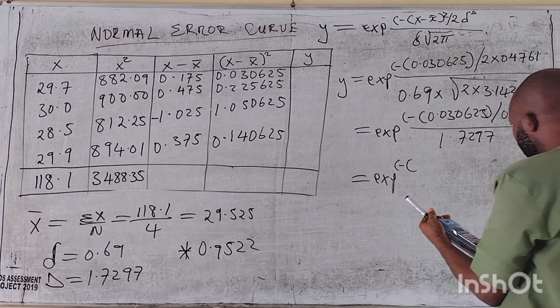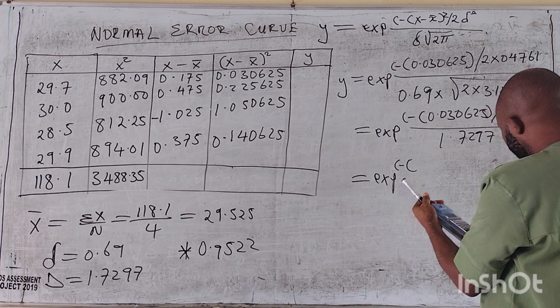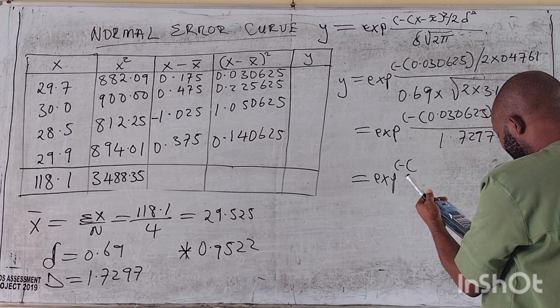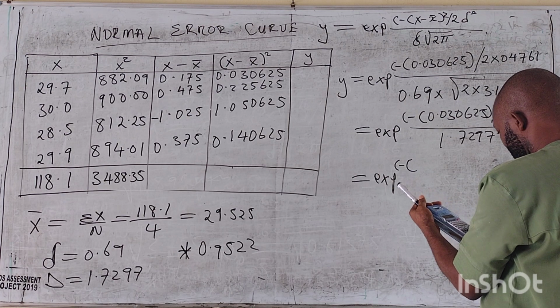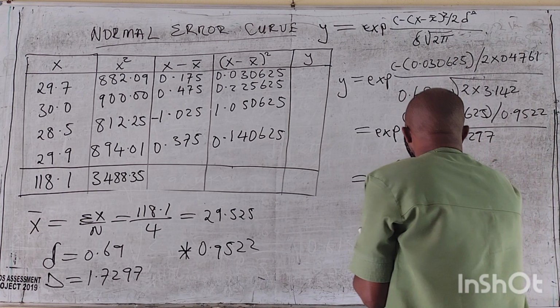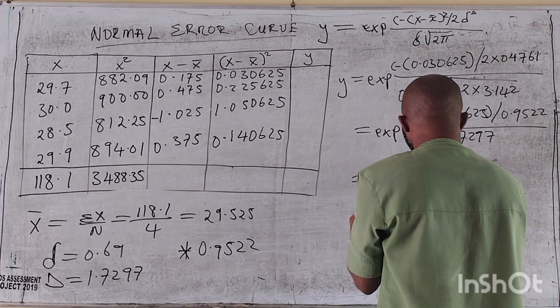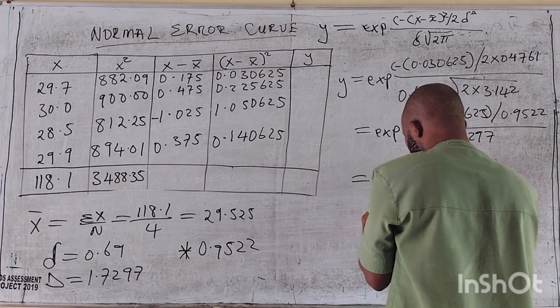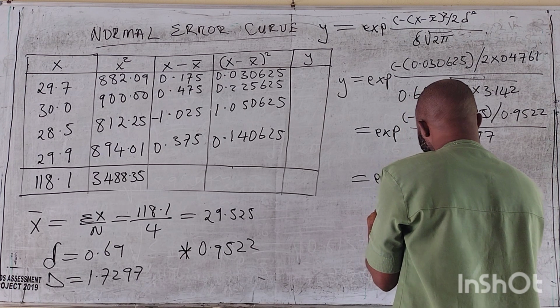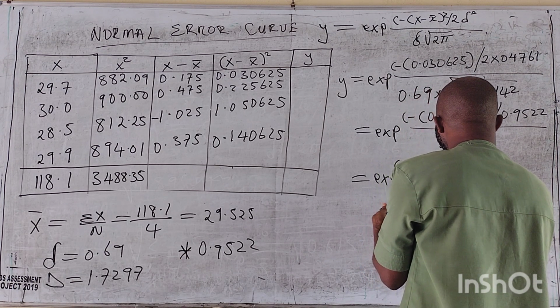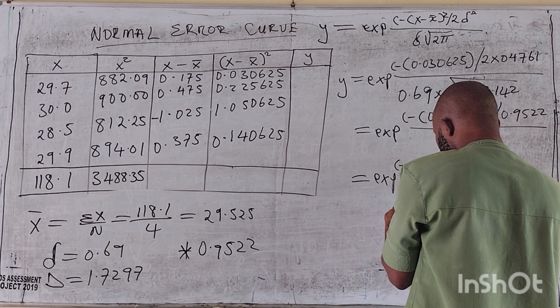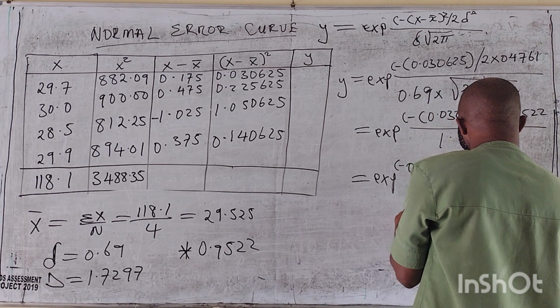Divide by 1.7297, this gives me 0.018594184.